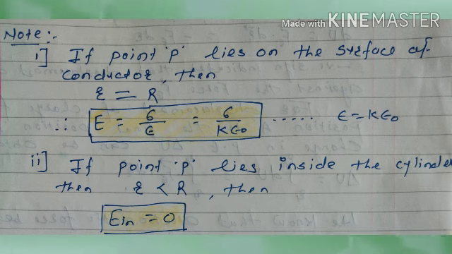If we substitute K equal to 1, that is for air medium, then E equals sigma upon epsilon 0. So this is the first case.